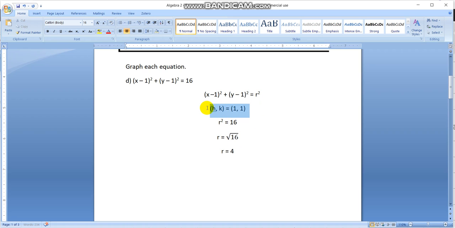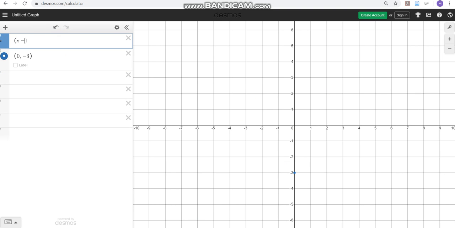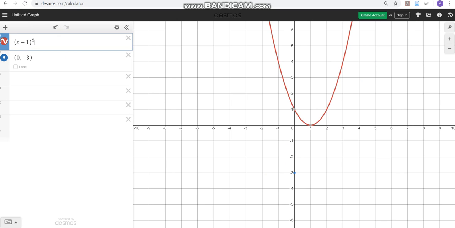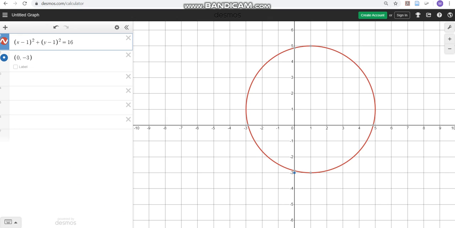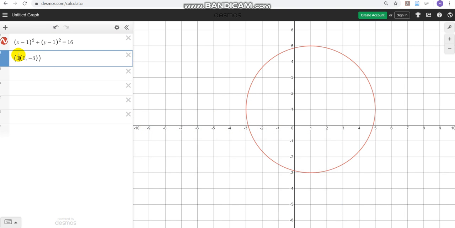So the two parameters we're looking at are our center, 1 comma 1, and our radius, 4. So we go back to our original equation, (x - 1)² + (y - 1)² = 16, and our center is at 1 comma 1.